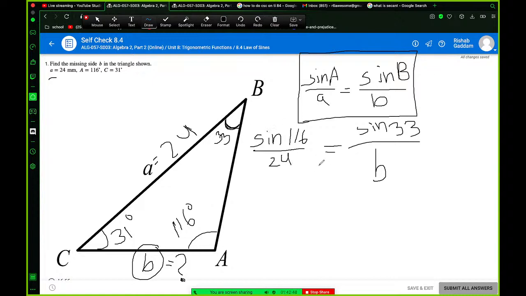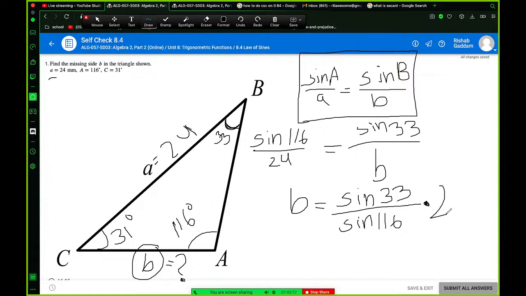So I'm just going to do A for now. So sine of 116, and divide that by 24. That gives you 0.0374.